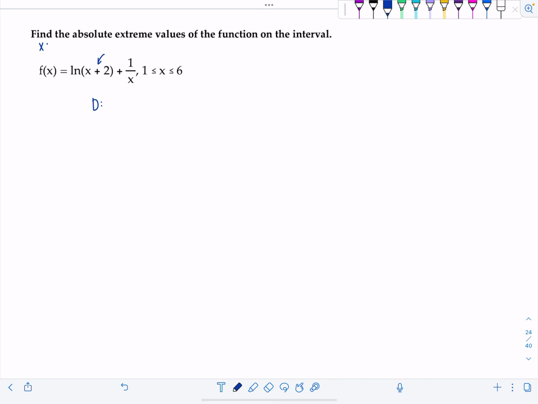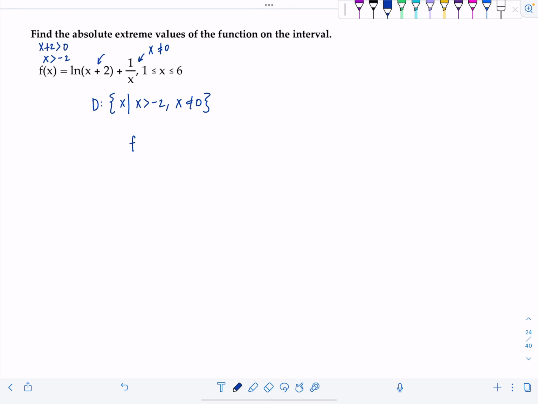So x plus 2 has to be strictly greater than 0, so x has to be greater than negative 2. And also 1 over x can't be 0. Okay, so the domain is x such that x is greater than negative 2 and x can't be 0. Okay, cool. We'll keep that in mind while we find our critical values. We might have to throw some away.